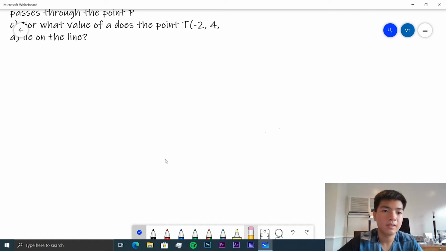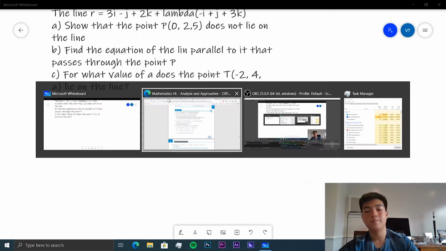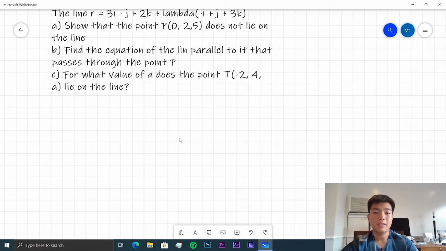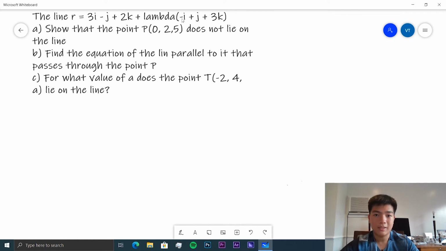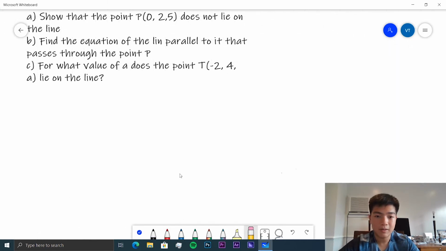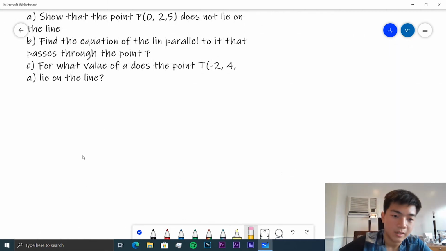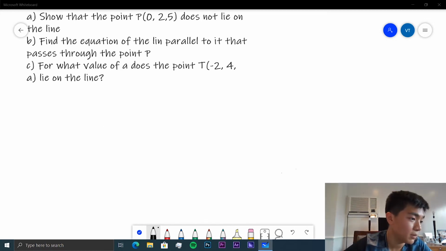Number 2 is find the equation of the line parallel to it that passes through the point P. So a line parallel to it would have this same direction part over here, and then we can just simply make it pass through the point P. What form do they want us to put this in?